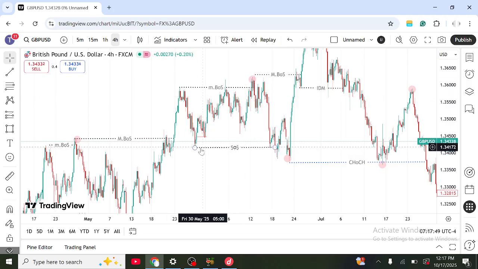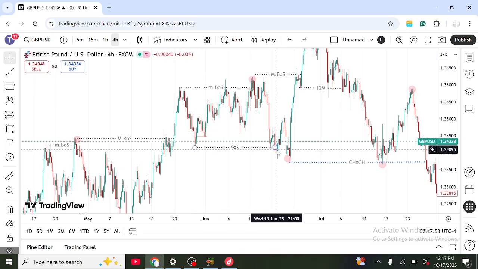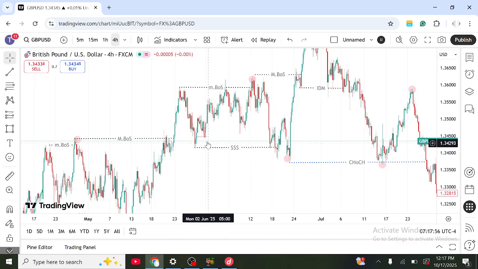Now the reason why you are not going to tag this level as a change of character is because you understand the inducement concept. So you know that this level is going to be taken out, right?